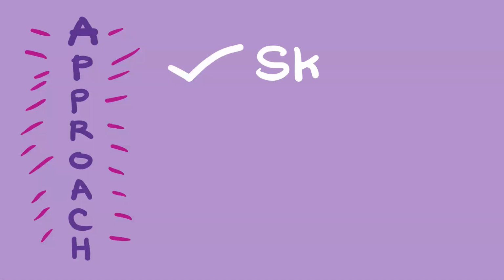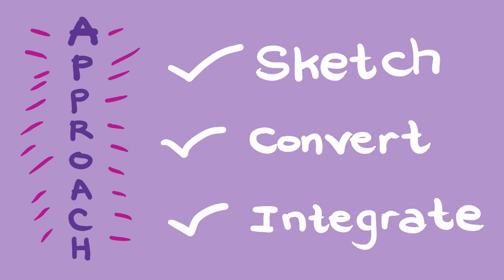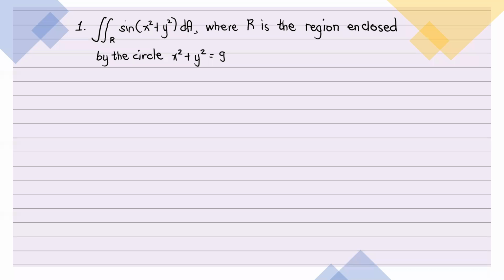Una, we sketch the region of integration, and then we convert to polar form, and then finally, we do the integration. Okay? So again, sketch, convert, and integrate. Yay! So let's go to the first item.